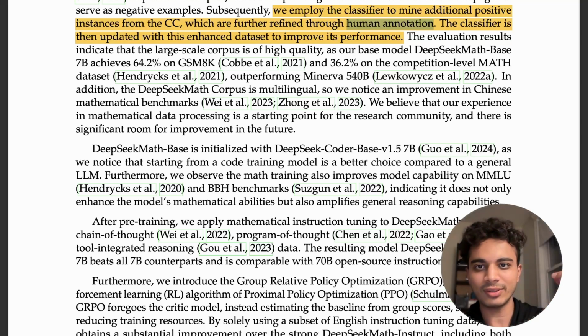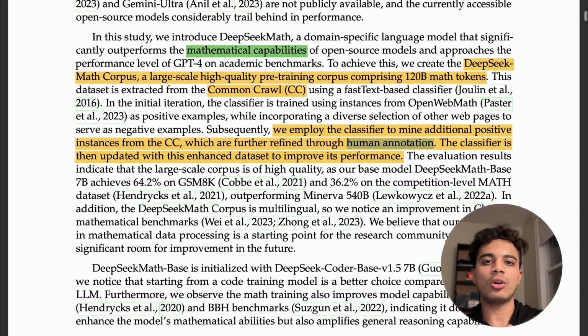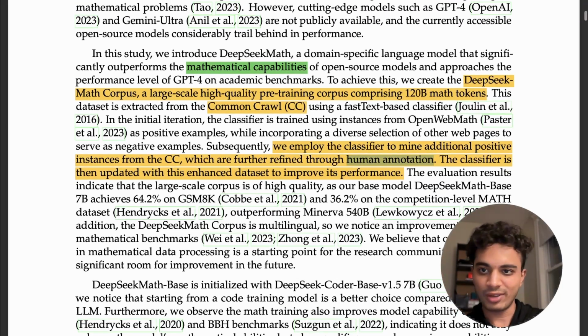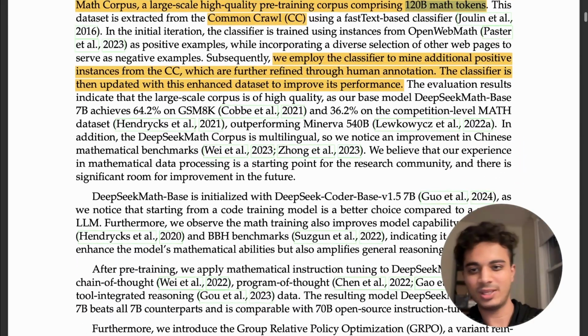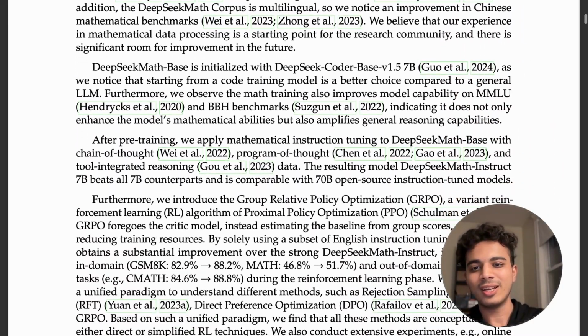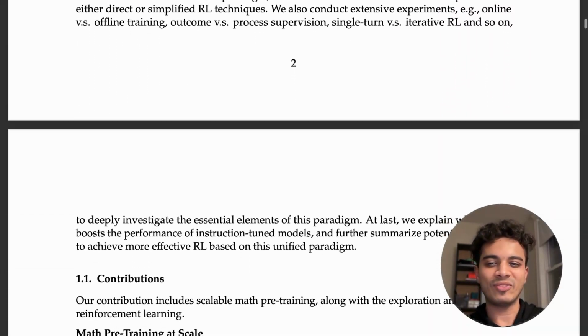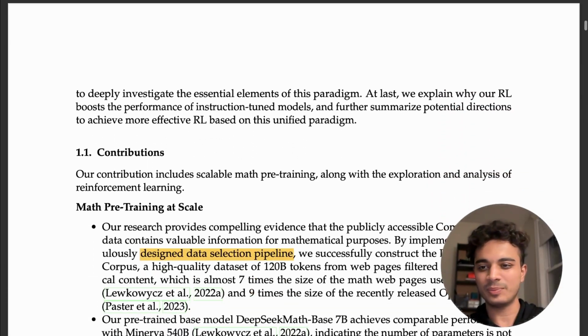The reason for my belief is that they are using the Common Crawl dataset, and it's really, really massive. And we have already seen that they are collecting 120 billion math tokens, which is impossible for a human annotator to do, or even a huge team of human annotators could do. Fine. So let's not get into those controversies, but we'll try to uncover that as well.